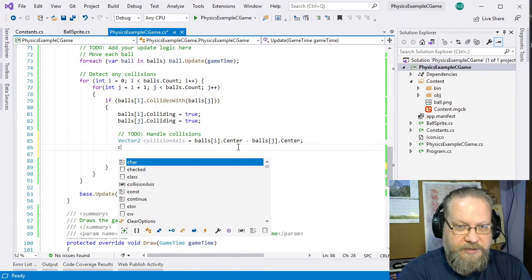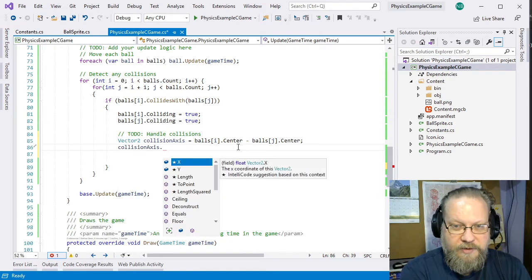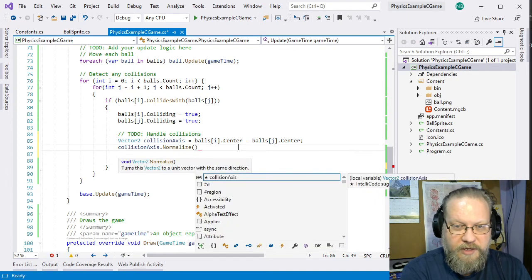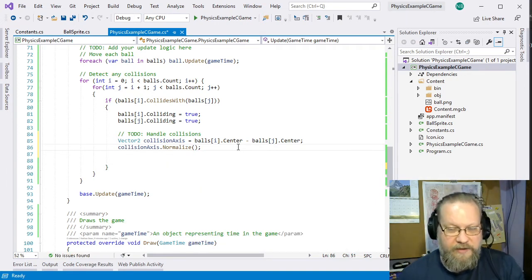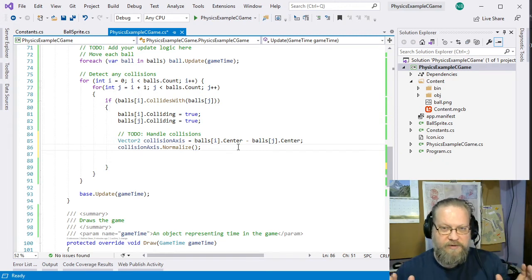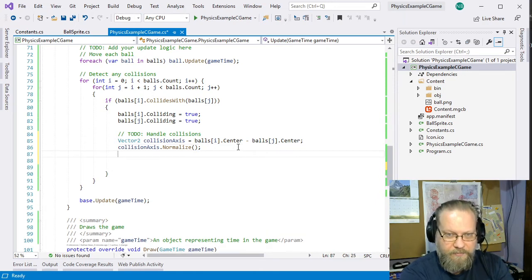And it's actually really easy in MonoGame to make a vector into a unit vector. We just invoke its Normalize function, and that will basically divide both the x and y components by the vector's magnitude, which makes it unit length, or length 1.